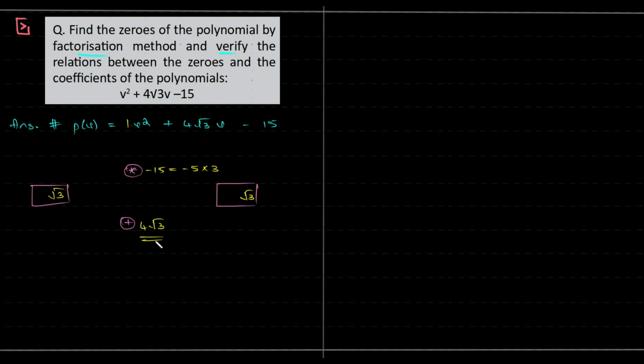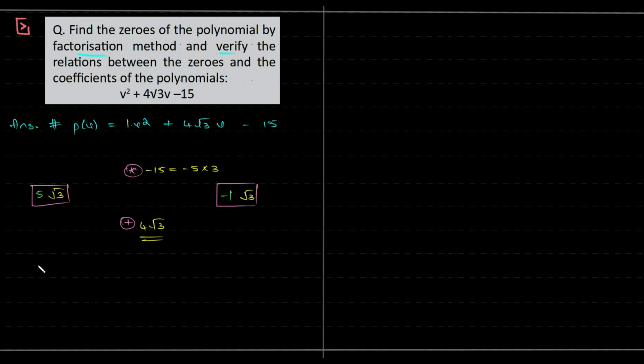So how do you get minus 5 when multiplied, and when added, I'll get plus 4? Quite simple. 5 and minus 1. Factors of 5 are 5 and 1. Since we are looking at a negative, 1 has to be negative. And when we add 5 root 3 and minus root 3, we'll get 4 root 3.